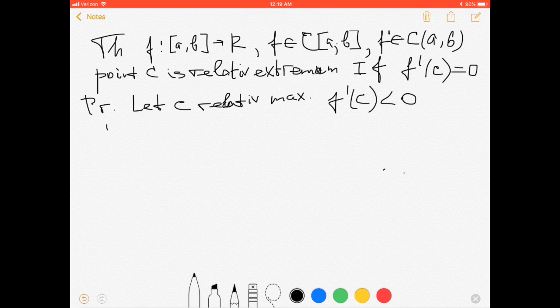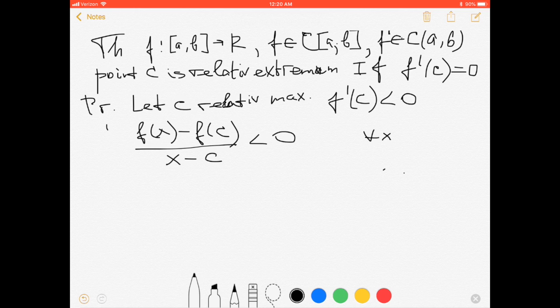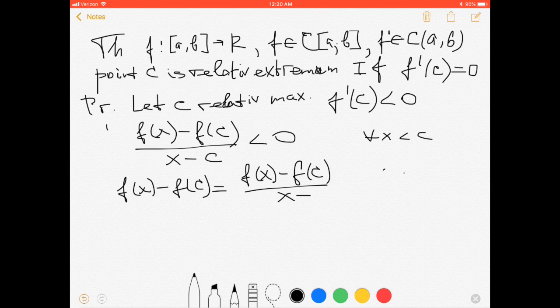Because the derivative is negative, the limit is negative, so there exists a neighborhood where (f(x) minus f(c)) over (x minus c) is negative, and for any x less than c, f(x) minus f(c) equals the fraction times (x minus c).